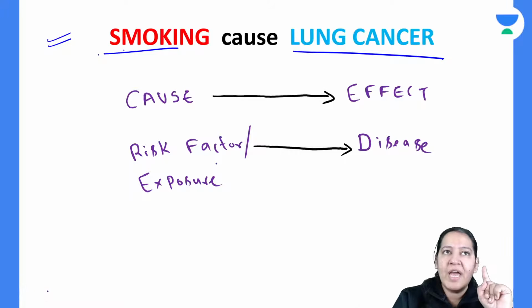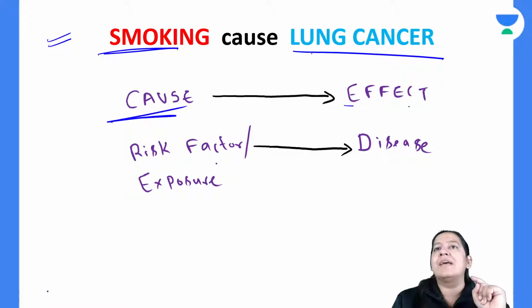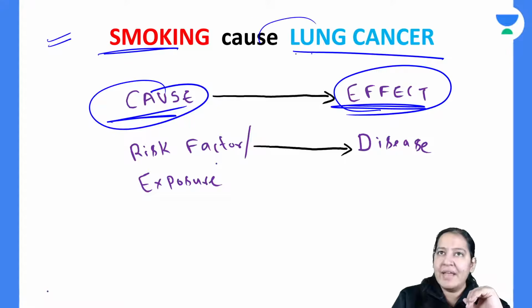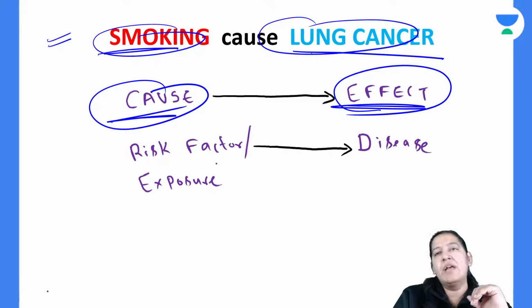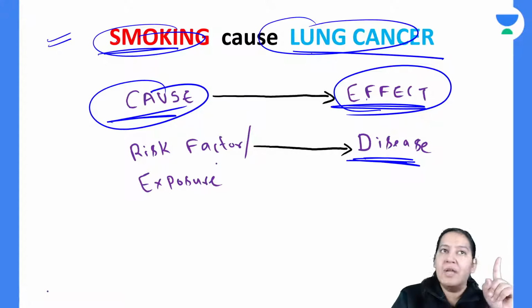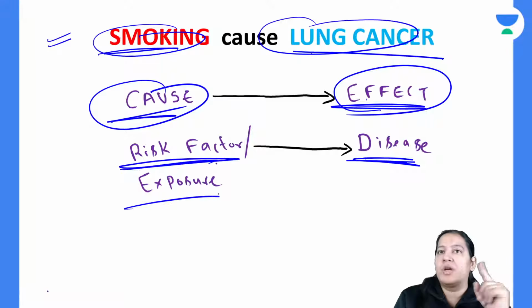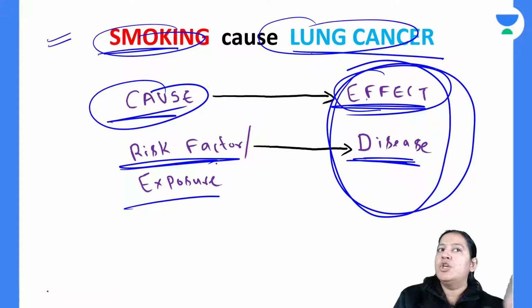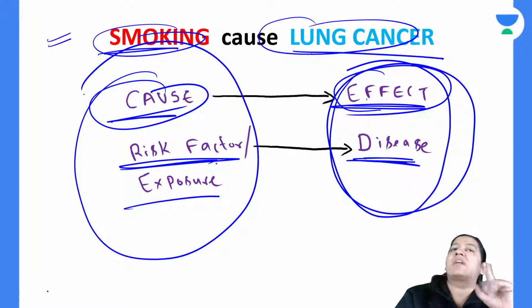Here smoking is the cause and lung cancer is the effect. For every effect there is a cause. Lung cancer के लिए smoking is the cause. Effect means disease. And here smoking is the risk factor or exposure. So for every effect or every disease you have a cause or a risk factor or exposure.